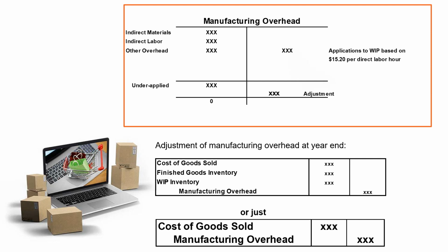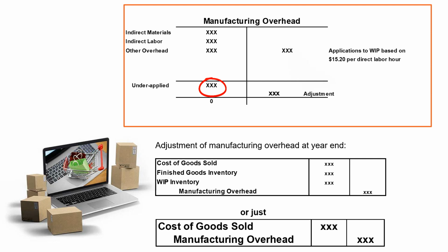The fact of the matter is that $15.20, based on budgets for the future, may not have been the ultimate true rate given our actual manufacturing overhead costs in that following month and our actual direct labor hours. And if actual costs are higher or lower than we budgeted, and our direct labor hours were more or less than we budgeted, we probably are going to end up with some kind of a balance here.